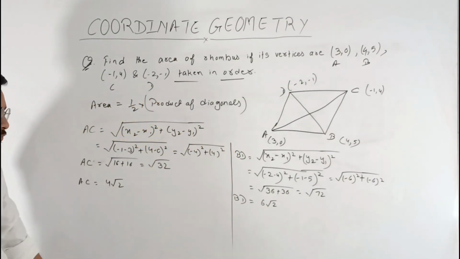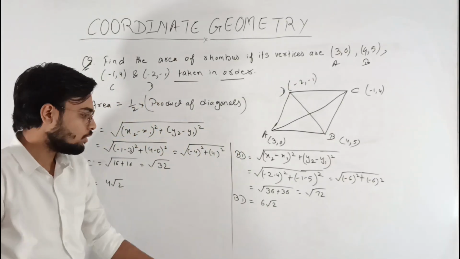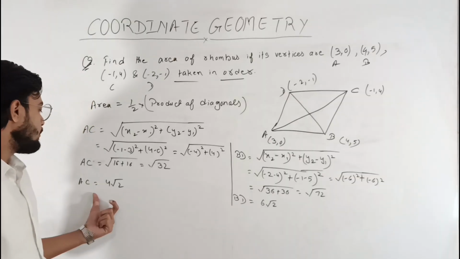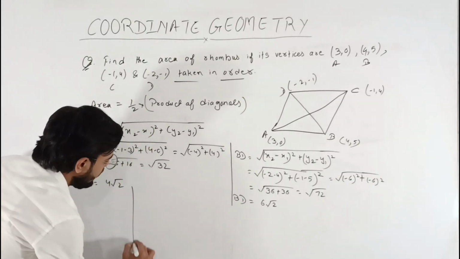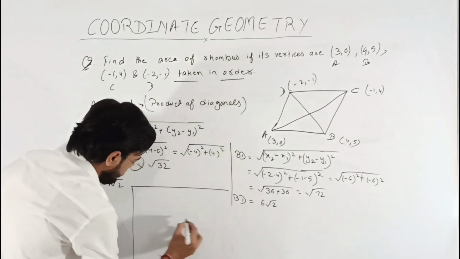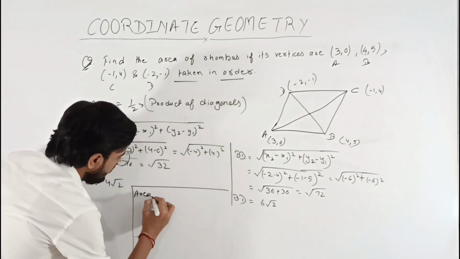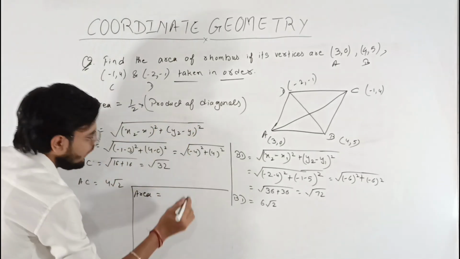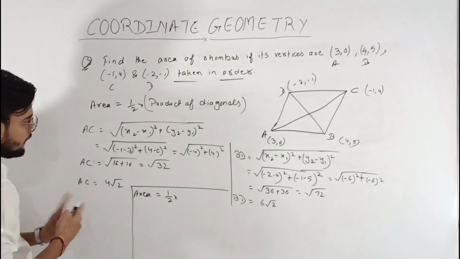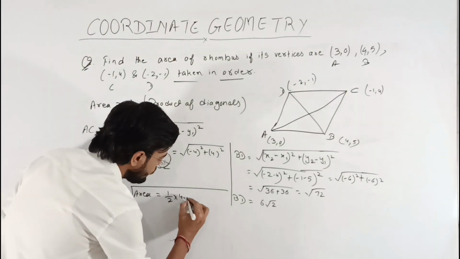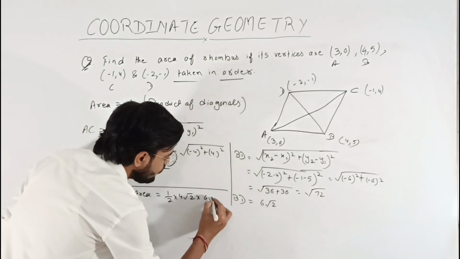Now we have AC which is 4 root 2 and BD which is 6 root 2, both diagonals. Now the area is half into product of its diagonals. So here I find the area. Area is half into product of its diagonals. So 1 by 2 into the product of the diagonals, which means we multiply 4 root 2 with 6 root 2.